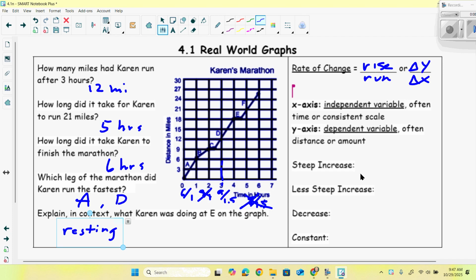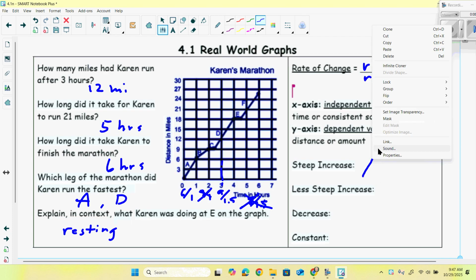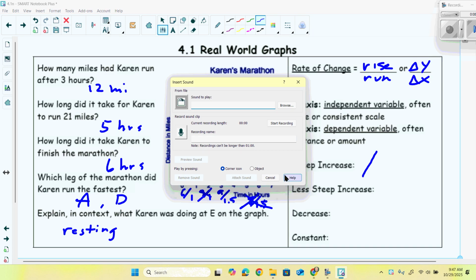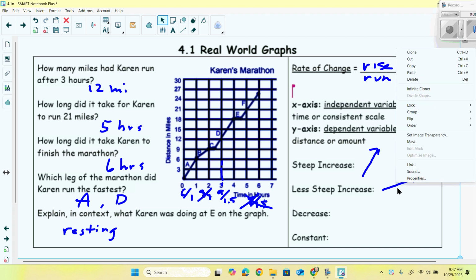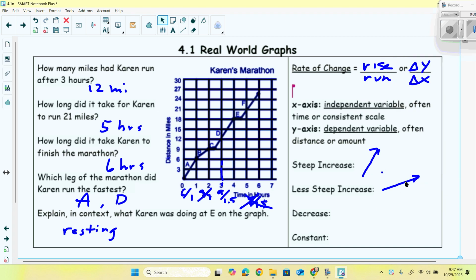A steep increase is going to be something that from left to right goes up pretty quickly, compared to a less steep one, which would be increasing still, but not as quickly, so the steepness. And then the decrease, instead of being, well, I'm going to jump down to constant. Constant, these are all a constant rate of change, but if my position is constant, I'm not moving, like here, from 4 to 4.5 hours, her position was constant, 18 miles.